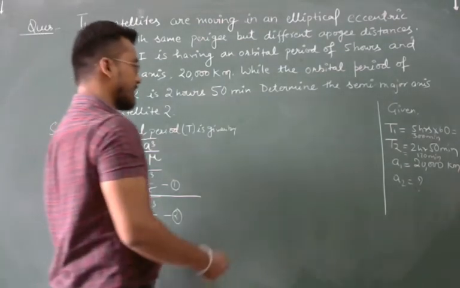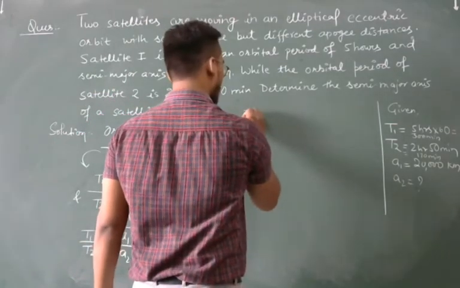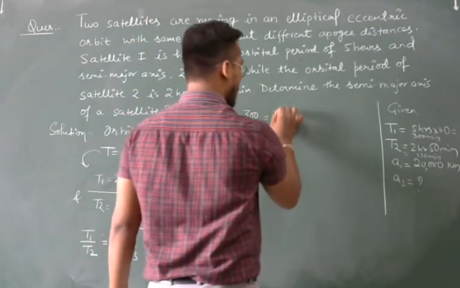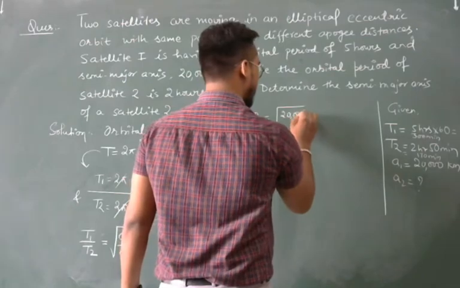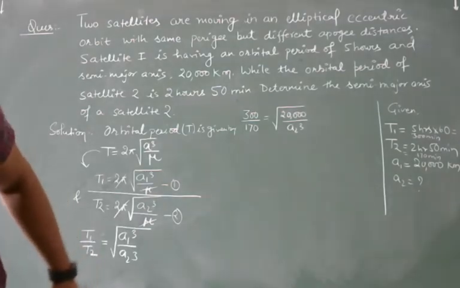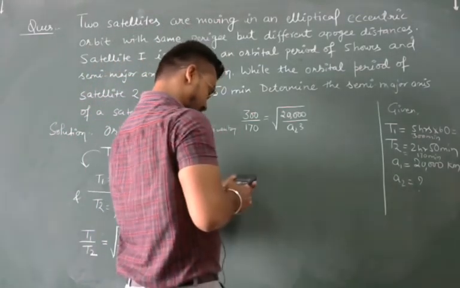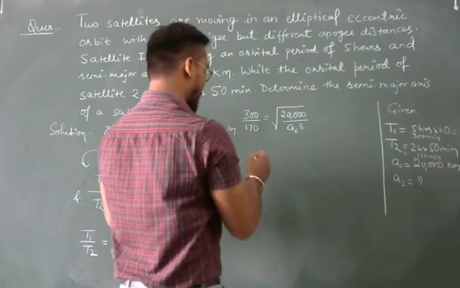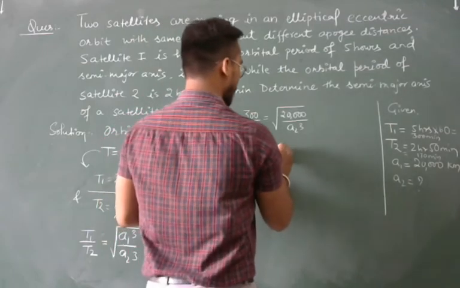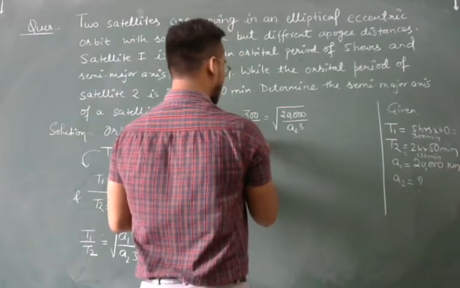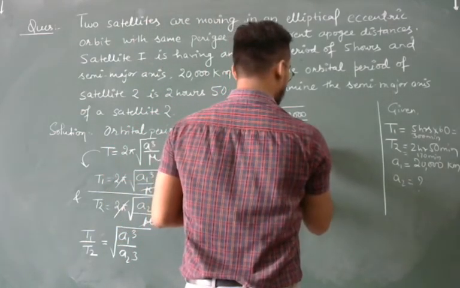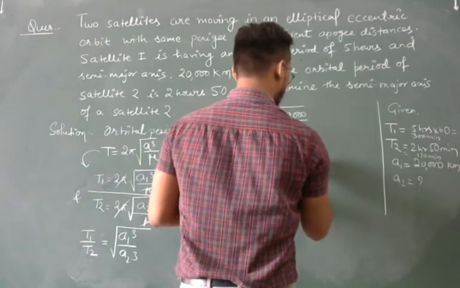So let's do the mathematics. 300 upon 170 is equal to square root of 20,000 upon A2 cube. Let me use the calculator. 300 divided by 170 gives 1.76, equal to this value. Simply we can square it, and while squaring both sides we have 20,000 upon A2 cube.